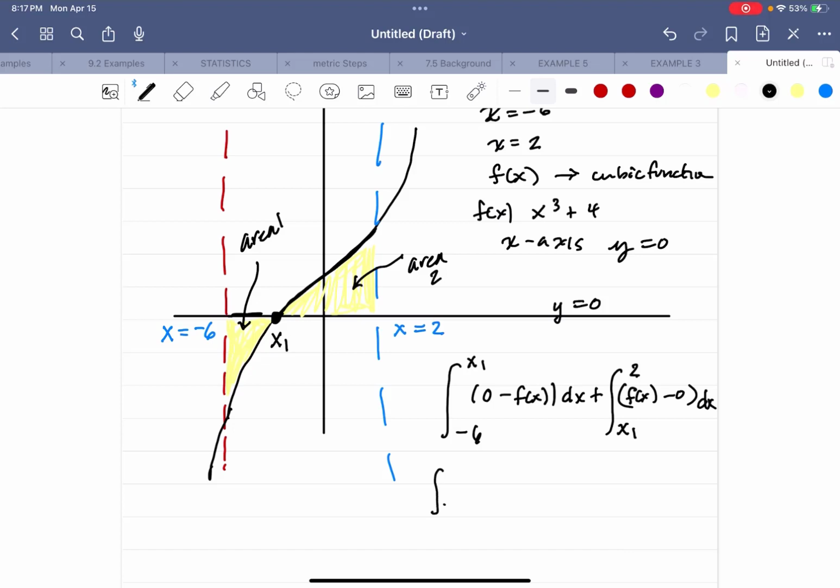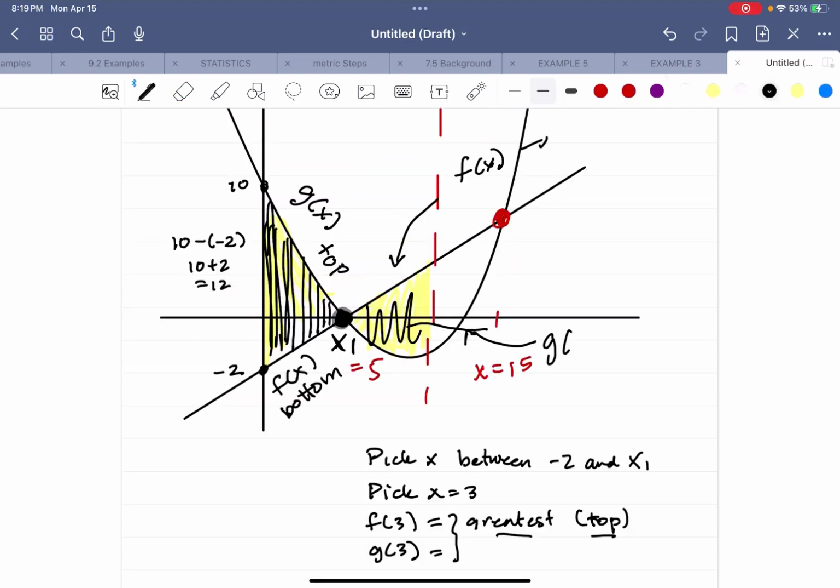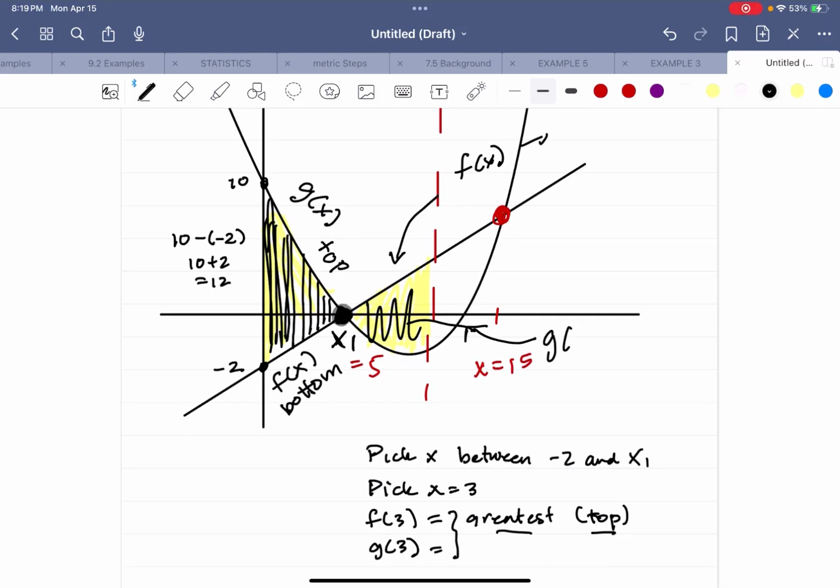So this will be from -6 to x1, negative f of x dx, plus from x1 to 2, f of x dx. So you'll see as I explain the examples in the homework how I figure out what that point is and what my area is. And the way that the book describes it is find that switchover point, where the top function and the bottom function switch places, f of x and g of x switch places.